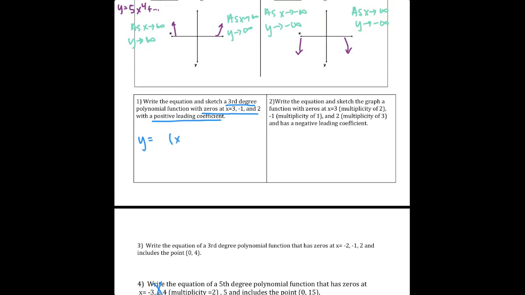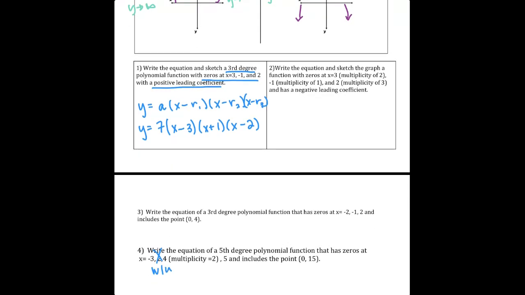So I'm going to write x minus my root 1 times x minus my root 2 times x minus my root 3, all times my leading coefficient. So I'm going to just choose a value for a because it wasn't specific this time. Minus 3, x plus 1 times x minus 2.